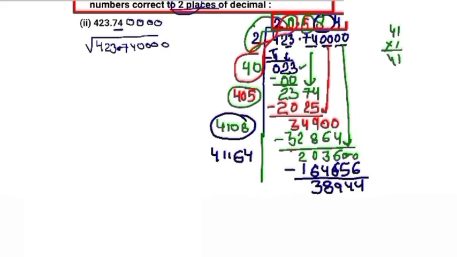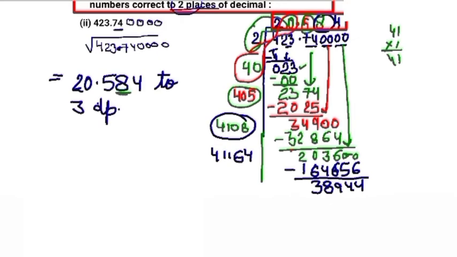What is it? This is 20.584 and this is the square root to 3 places of decimal. But in the question they asked to find the square root to the 2 places of decimal. So we will round off at this place. Check the right digit, which is 4, which is less than 5. So it will be replaced by 0 and this 8 will remain the same, right?